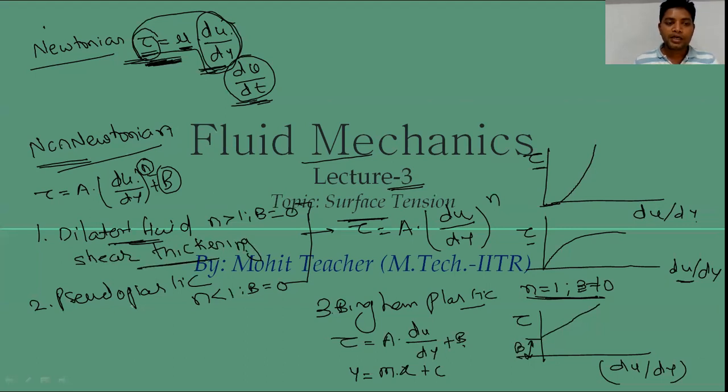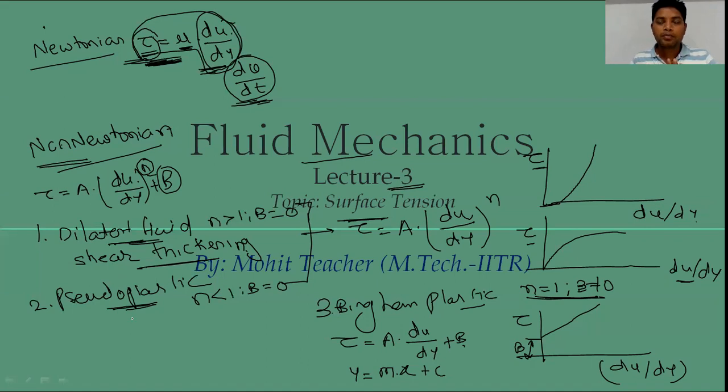Similarly, if you take the example of blood or milk, and you keep a spoon in it and rotate it, you will see that the viscosity or the thickness of that fluid decreases, which means flowability increases.